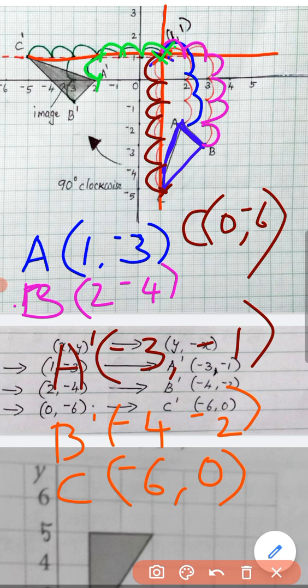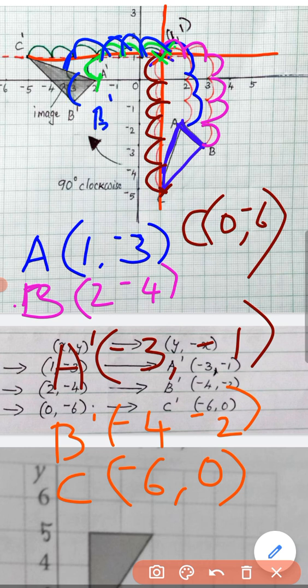So 1, 2, 3, 4. 4 units to the left side, and -2 means 2 units down. 2 units down. So 1, 2. This is B dash.